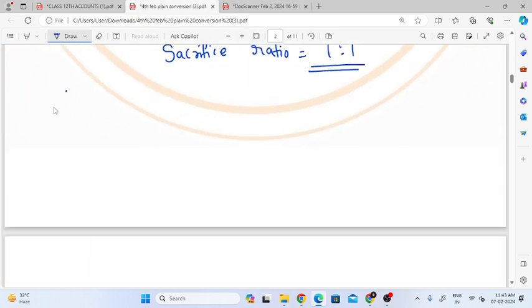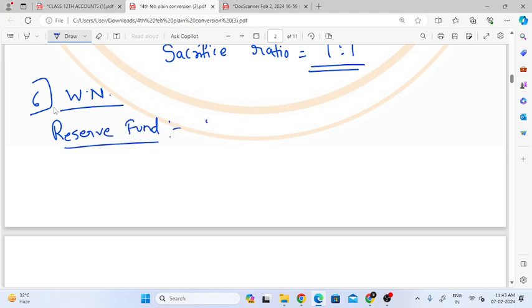over here. So working note of question number 6. Reserve fund, they have given the total amount as 30,000 and we have to distribute among the old partners, that is Neil, so I'm writing N, and Vani, V. So 30,000 into the old ratio of the partners, which is 3:1, so total 4.